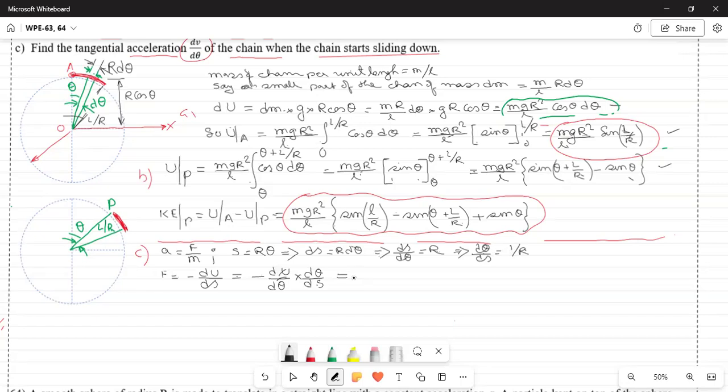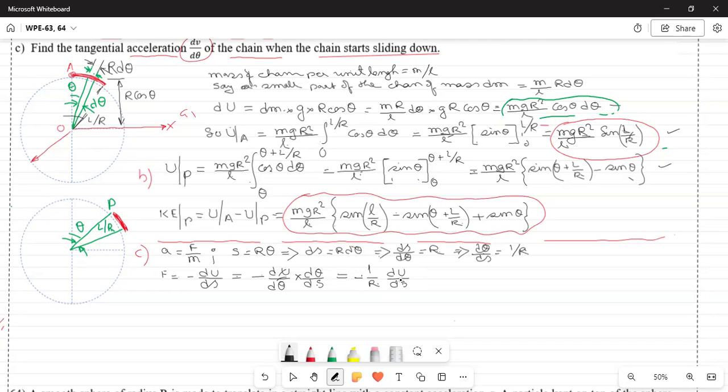So this is equal to minus 1 by r du ds, right?